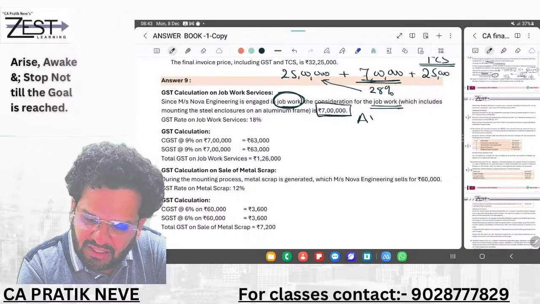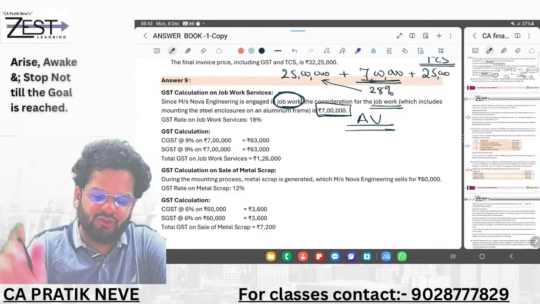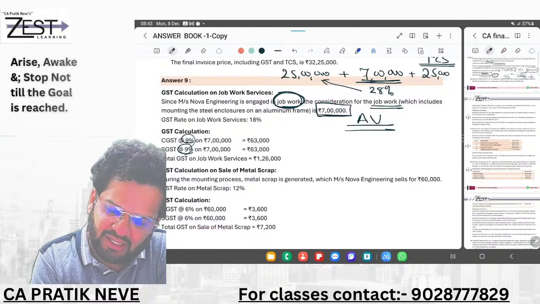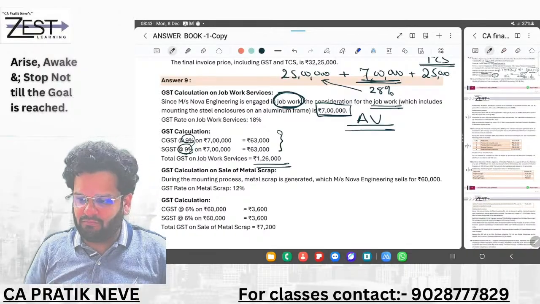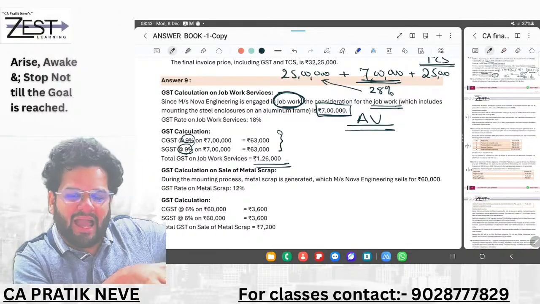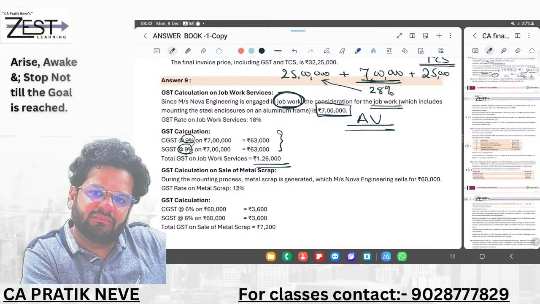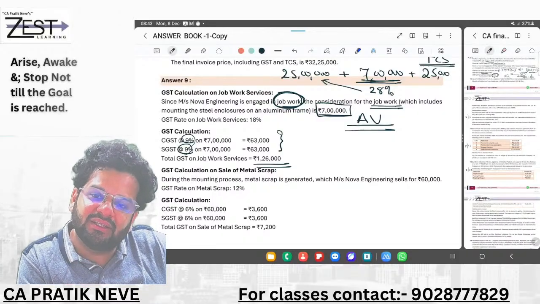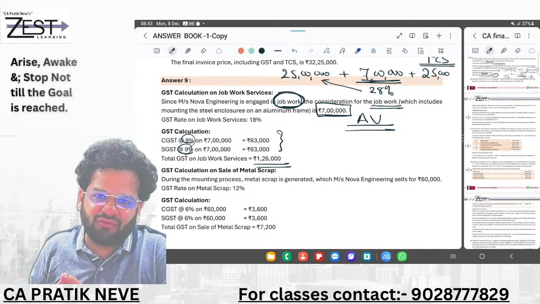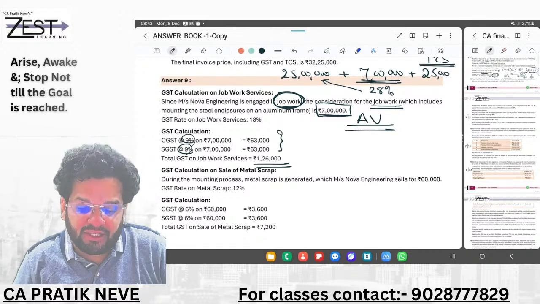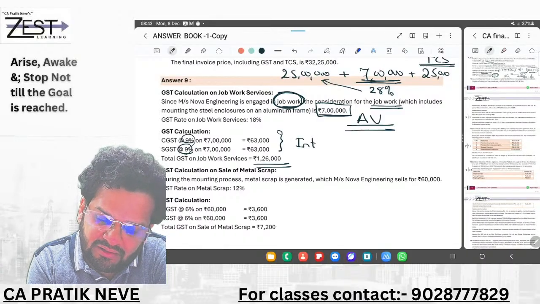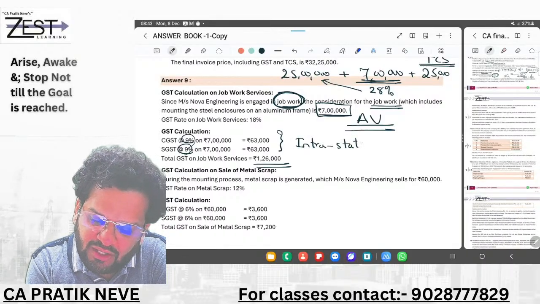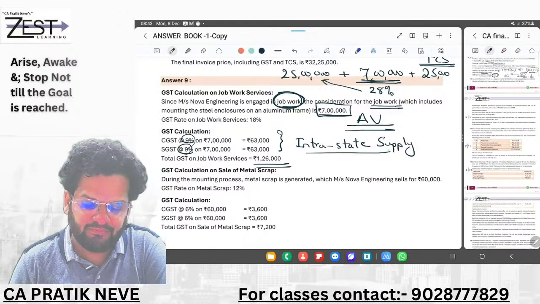So in short, 7 lakh is your assessable value and GST will be at 18%, that is 9% each, because the job worker and the principal are in the same state, meaning location of supplier and place of supply are in the same state. That's why it is intra-state supply, and that's why you have charged CGST plus SGST.